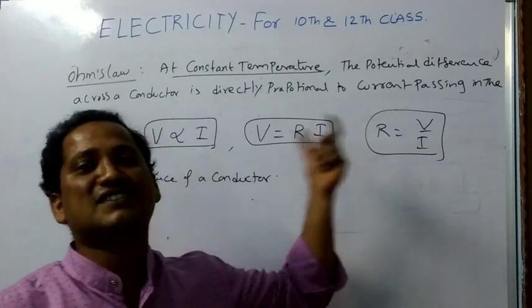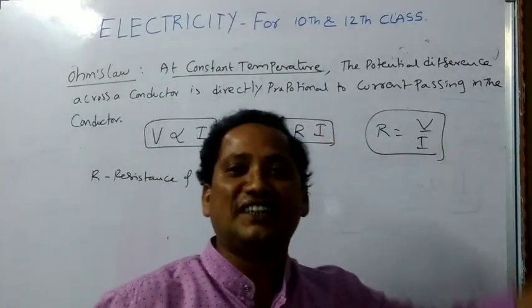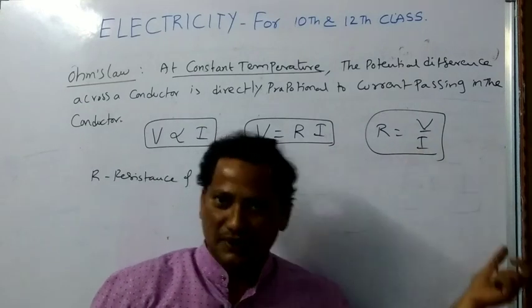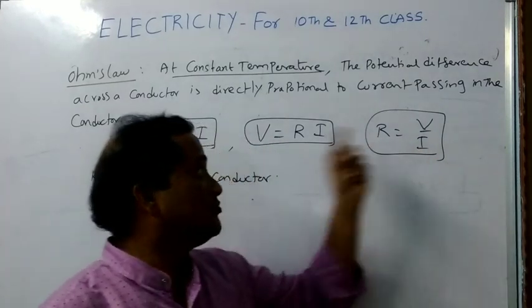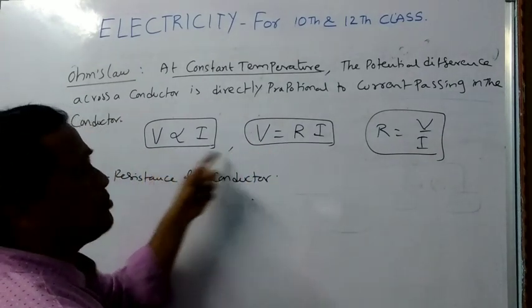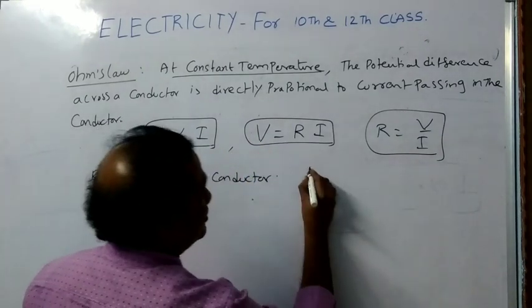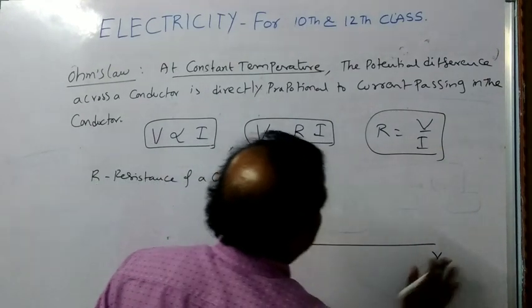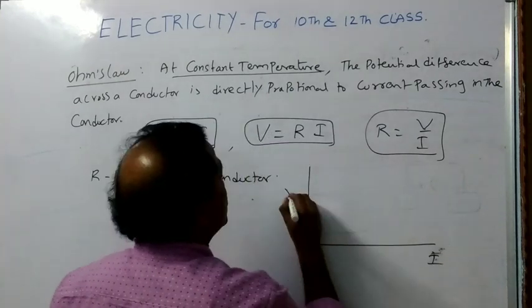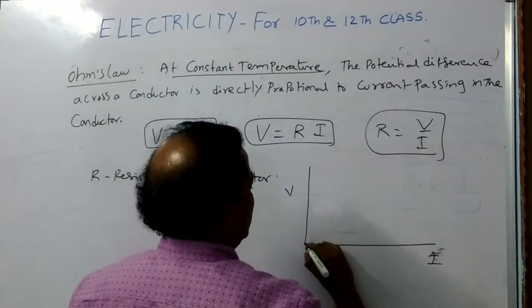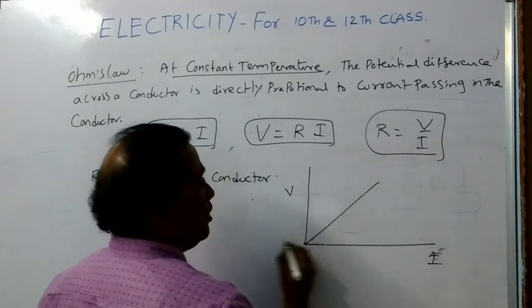It depends on the nature of the material, that is, depending on the metal, copper or aluminum, whatever it may be. Now you can draw the graph between them also. Why? Because potential is directly proportional to current. If you take current on the x-axis and potential on the y-axis, V is directly proportional to I means a straight line passing through the origin.